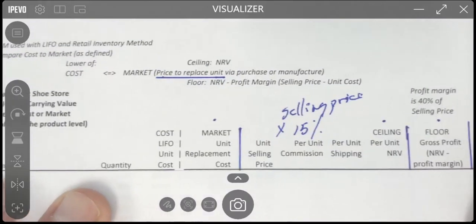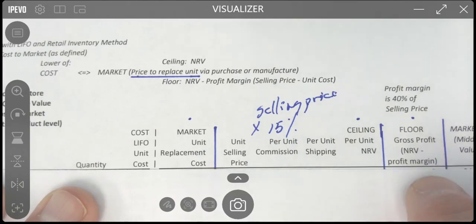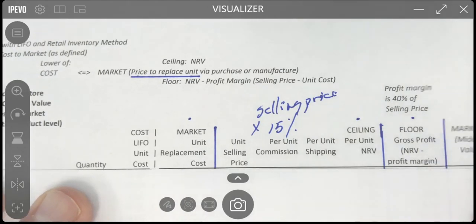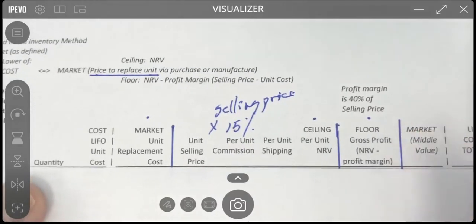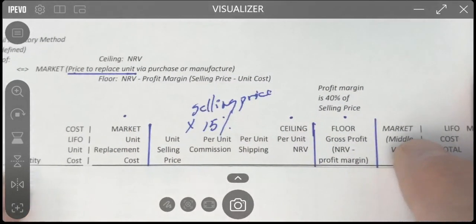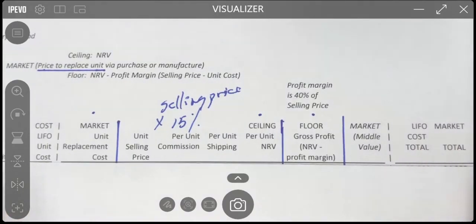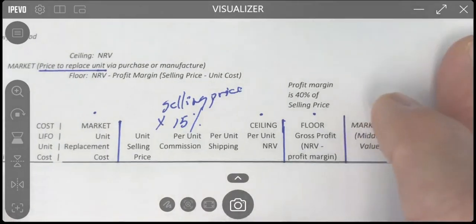And then the floor amount is net realizable value minus profit margin. Then the market is the middle value of the 3 dotted columns. And then the LIFO cost total will be the extension, and the market total will be the extension, and then we'll choose the lower.